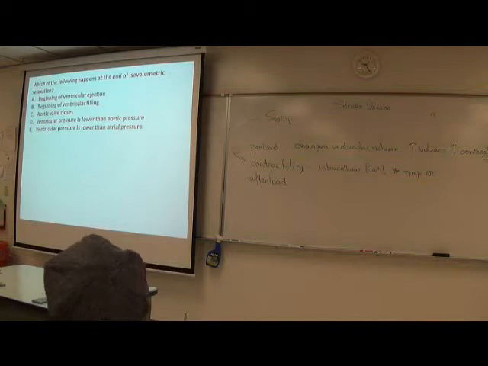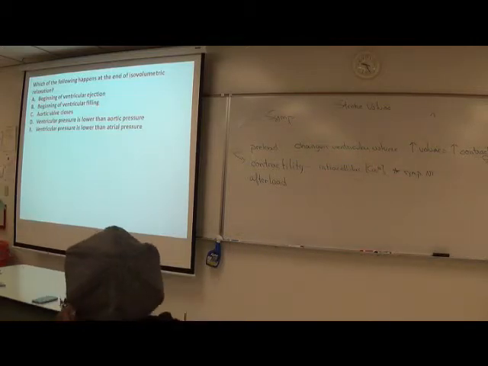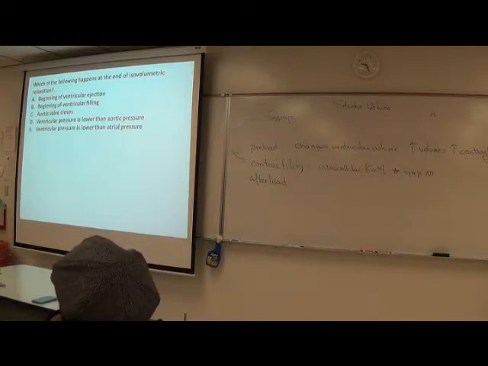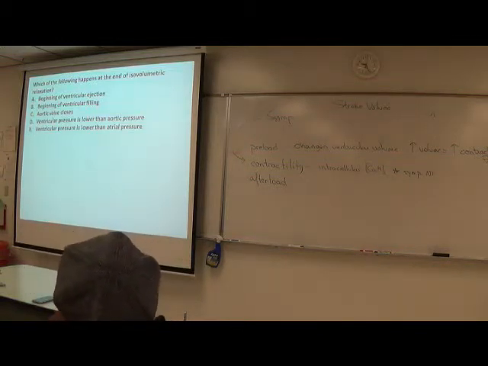Okay? All right, which of the following happens at the end of isovolumetric relaxation? So where are we in the cardiac cycle? So what valves are closed or open? So during isovolumetric relaxation, they're all closed. Okay? So then at the end of isovolumetric relaxation, ventricular filling.